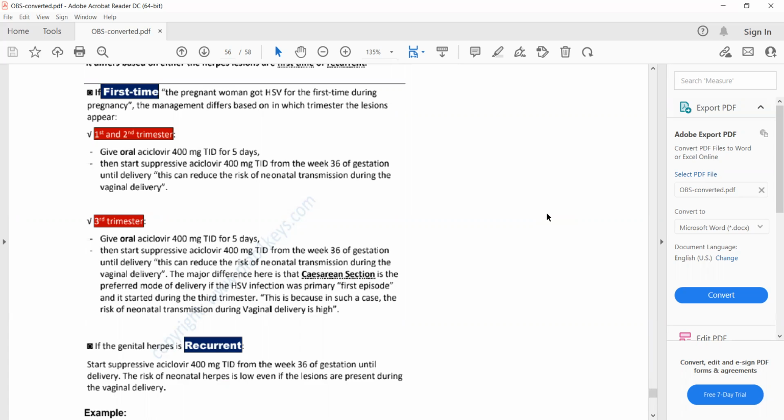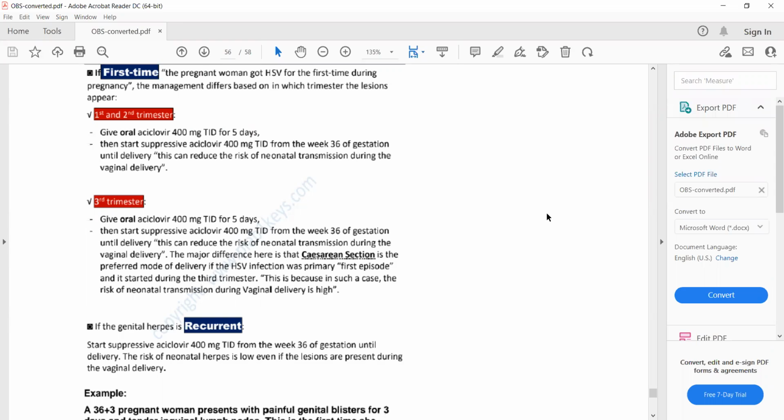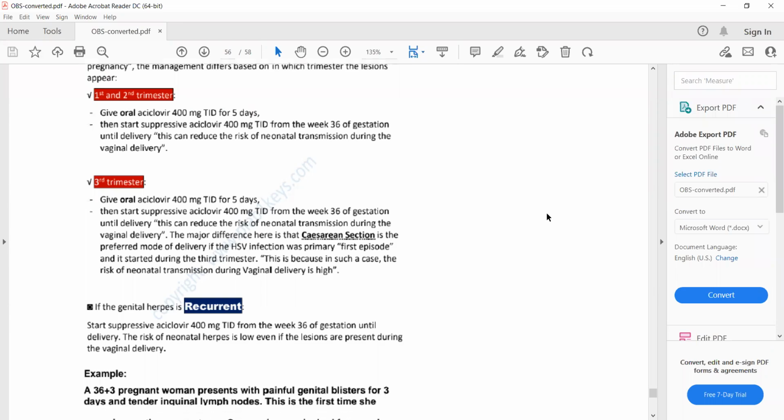So very simple. If a female develops genital herpes and this is her first time and she is in the first or second trimester of pregnancy, then 400 milligram acyclovir for 5 days and then 400 milligram TID from 36 weeks of gestation until delivery.